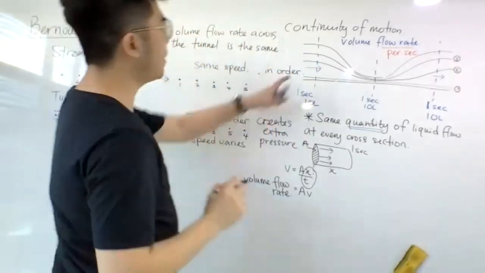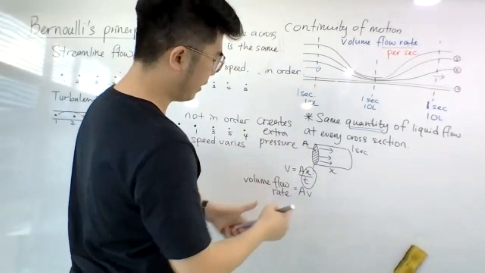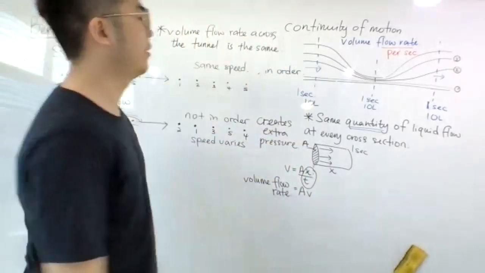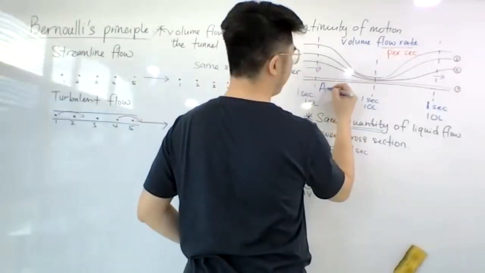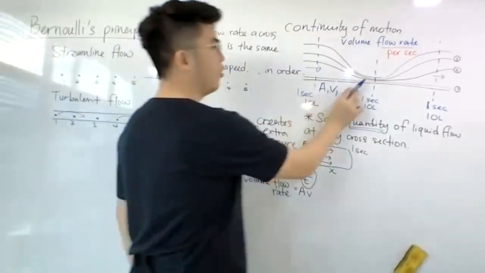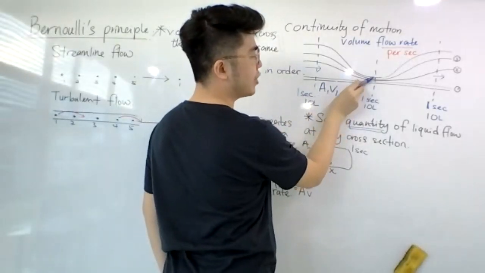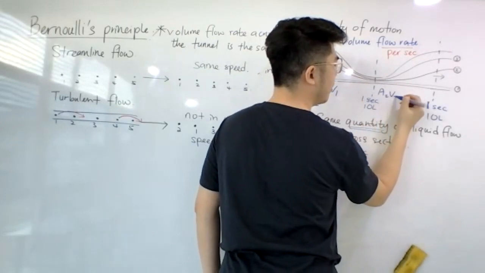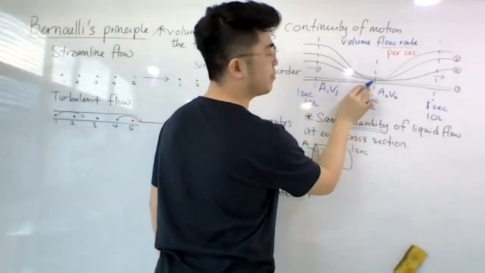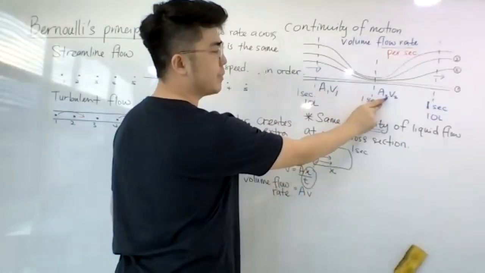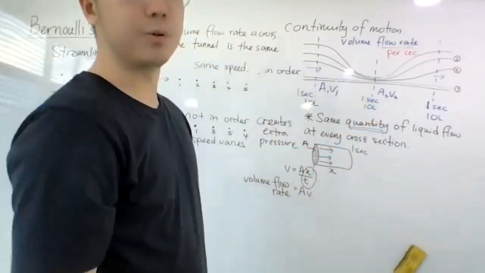So I can write AV as my volume flow rate. Here, A1, V1. Over here, if I look at this section, I can call this A2, V2. The volume flow rate here must be the same as the volume flow rate here. A1 V1 must be equal to A2 V2.